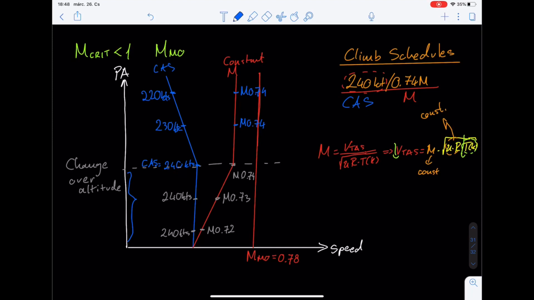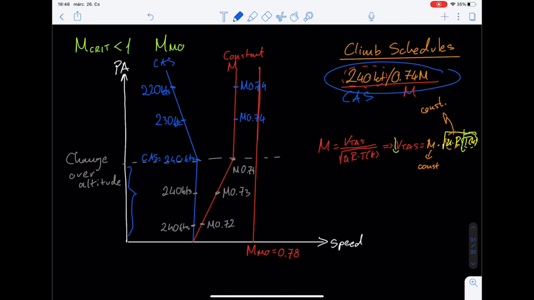So it's given to the pilot in the format of calibrated airspeed and Mach number. In this case, they tell us that you need to climb with a calibrated airspeed of 240 knots, and the changeover altitude is reached when you reach a Mach number of 0.74, and you need to maintain 0.74 Mach number after that. So you're climbing, maintaining 240 knots, and the Mach number is continuously increasing until it reaches 0.74, where you go from maintaining a constant calibrated airspeed to maintaining a constant Mach number.